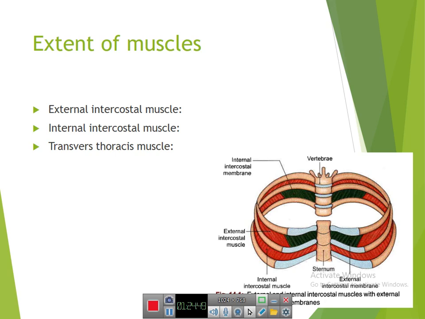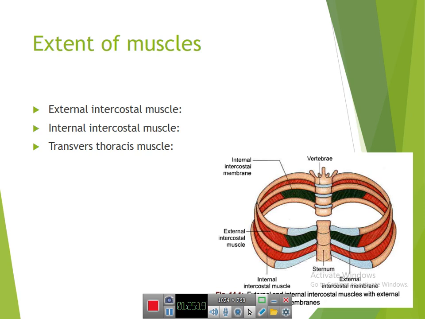They are filled by the intercostal muscles and contain the intercostal nerves, vessels, and lymphatics. There are 9 intercostal spaces anteriorly and 11 intercostal spaces posteriorly. And intercostal muscles are external intercostal, internal intercostal, and transverse thoracic muscles.